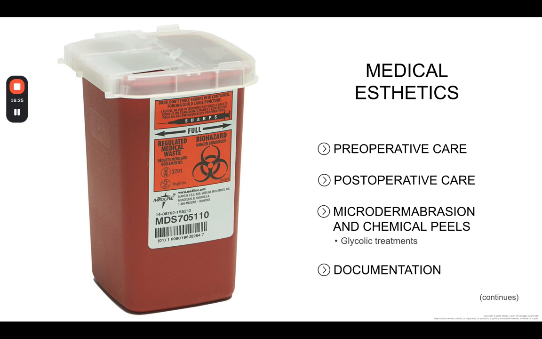In terms of microdermabrasion and chemical peels, we have talked about those in part one of our chapter 13 breakdown on YouTube. So if you need a breakdown of those various chemical peels, make sure that you double back and go watch that video. But in terms of microdermabrasion and chemical peels in medical aesthetics, glycolic treatments can be performed to recondition the skin before laser resurfacing or surgery.